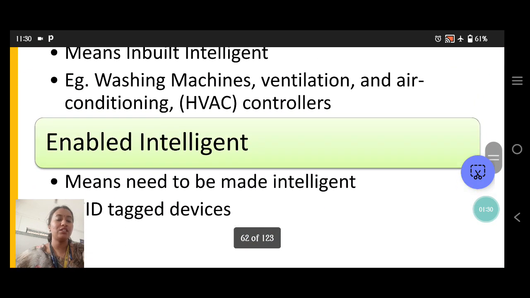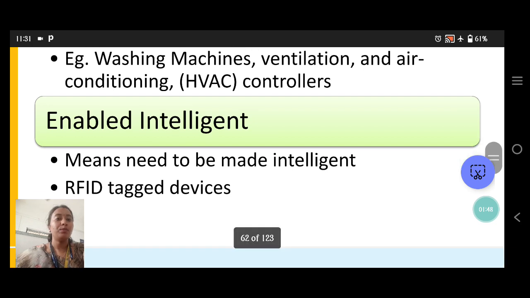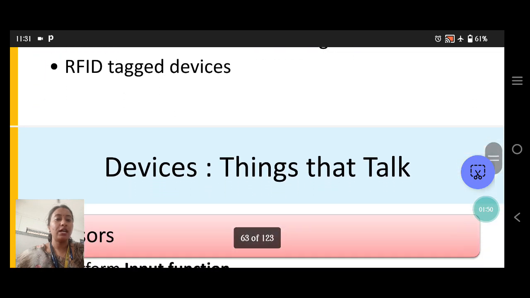A device can be, for example, a washing machine, a ventilation system, an air conditioner, or HVAC controllers. These are the machines. We are going to connect them and we know how to control and manage them. Enabled means they need to be made intelligent, like RFID tagged devices.